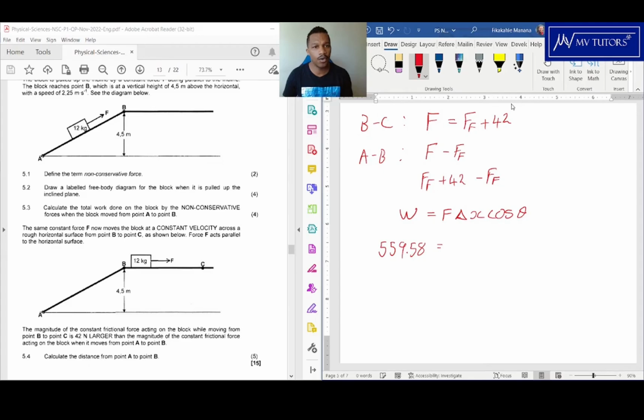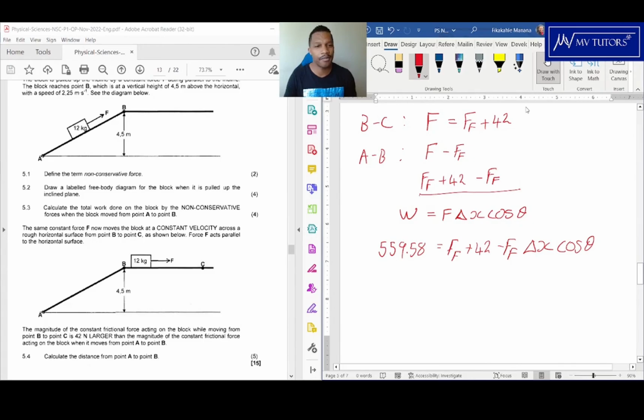This force is the entire force acting on A to B, and it's given by FF plus 42 minus FF. It's this one that we just solved over there. And then we have the change in distance, and then we have the cos theta.